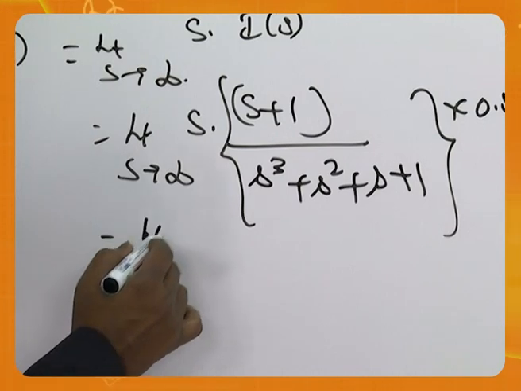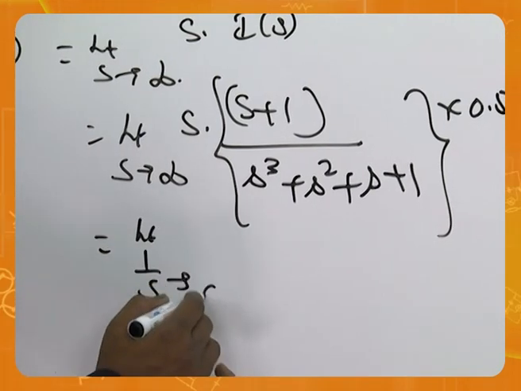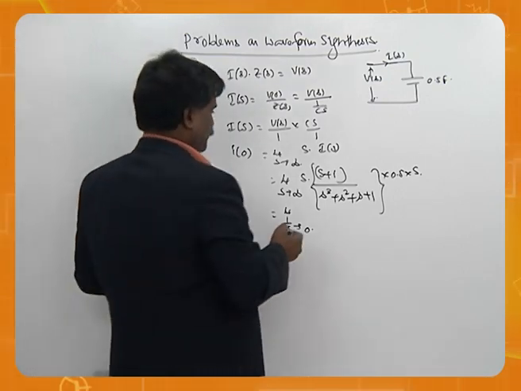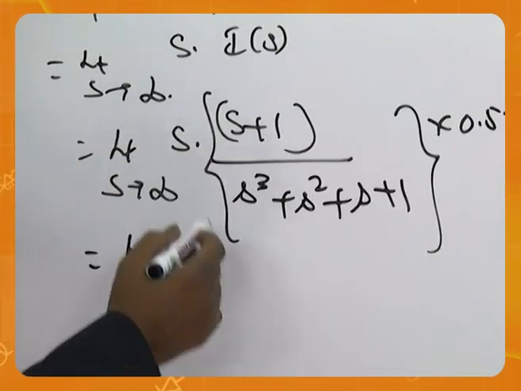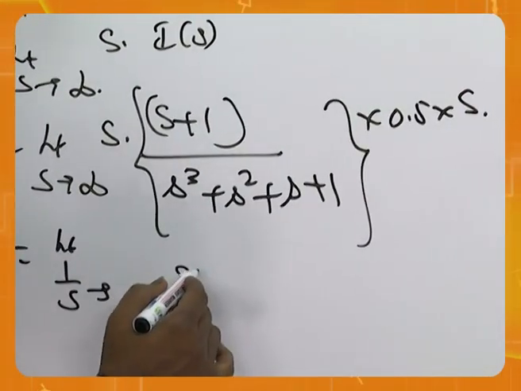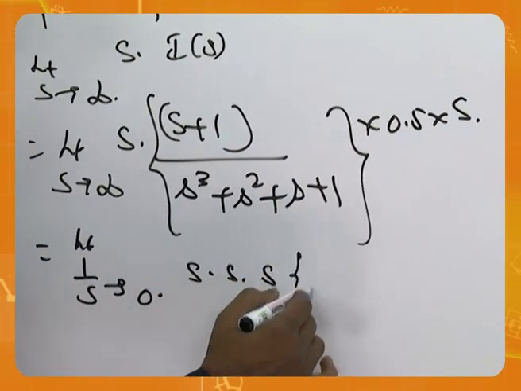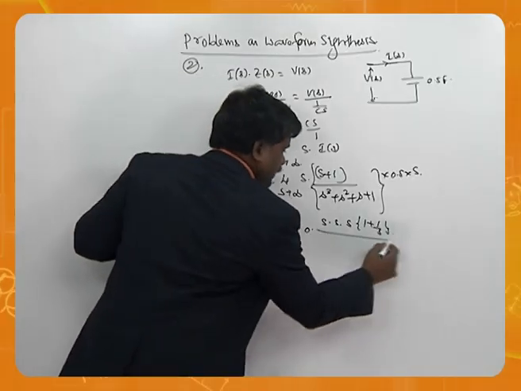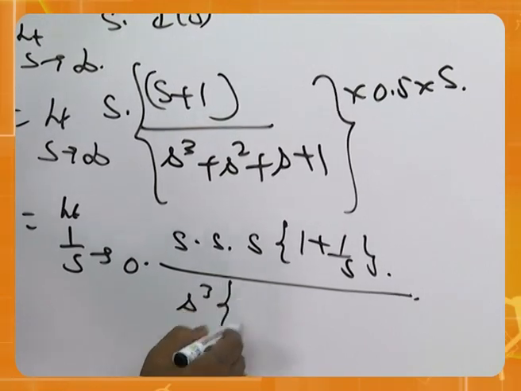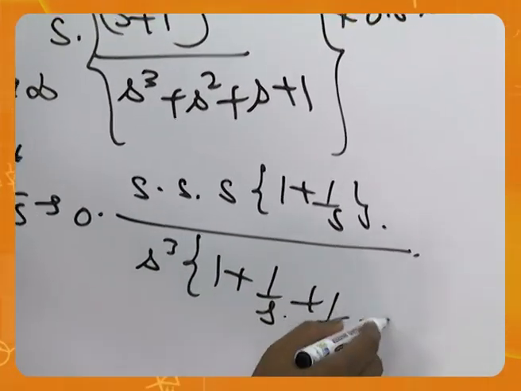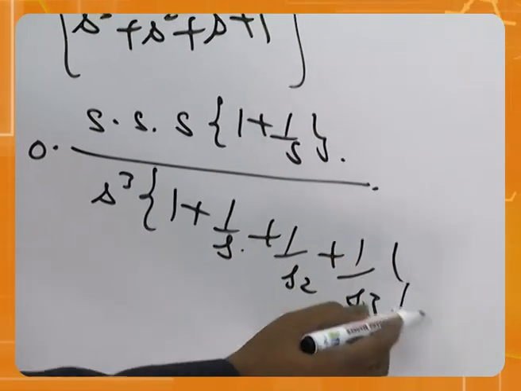Now, limit 1 by s tends to 0. We have s into another s here, 1 plus 1 by s, divided by s cube, 1 plus 1 by s, 1 by s square, 1 by s cube, into 0.5.